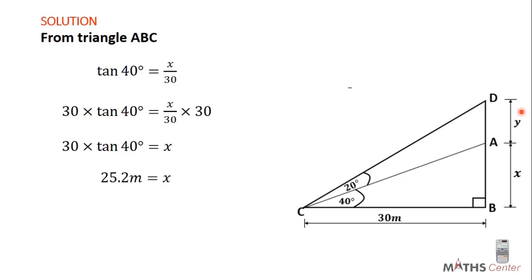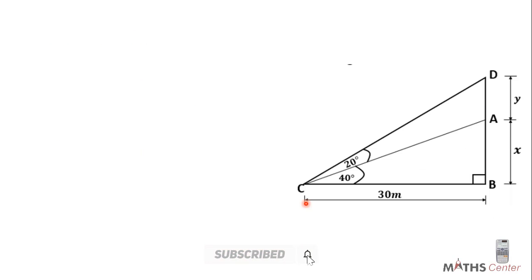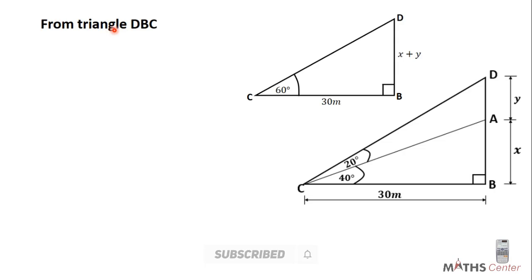Let's move on to y. You can see that y is in the bigger triangle. That's triangle DBC. So if you want to find y, you have to consider triangle DBC. Okay, so considering triangle DBC, you see that this angle here will be the 20 degrees here plus the 40 degrees here, and that will give us 60 degrees.